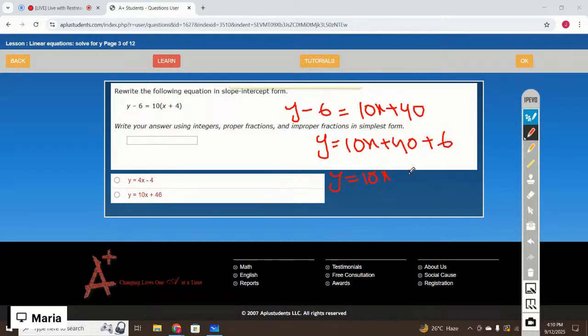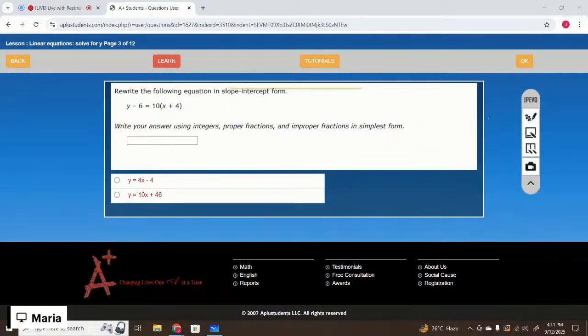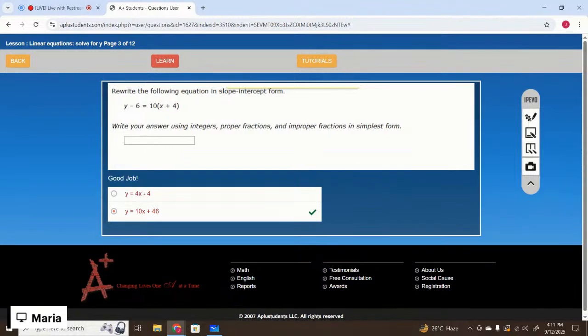So y equals 10x plus 46. That is y equals 10x plus 46. Option number 1 is the correct option.